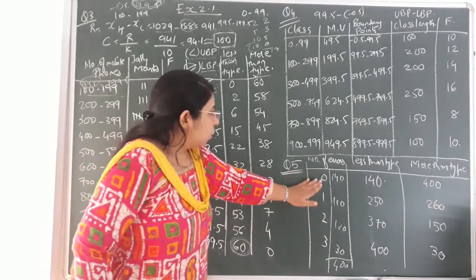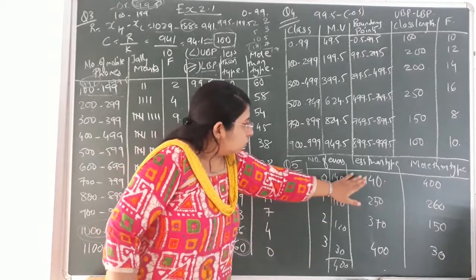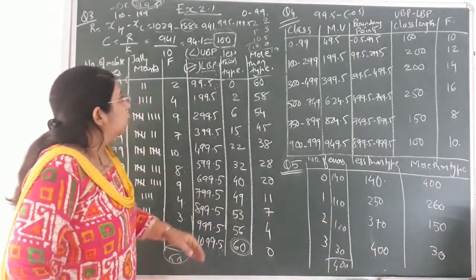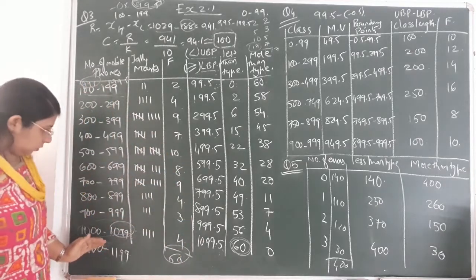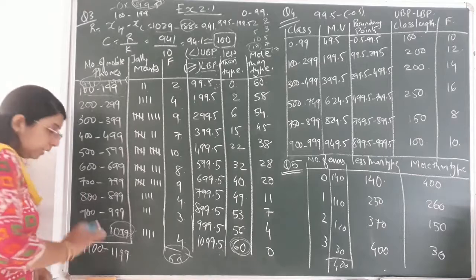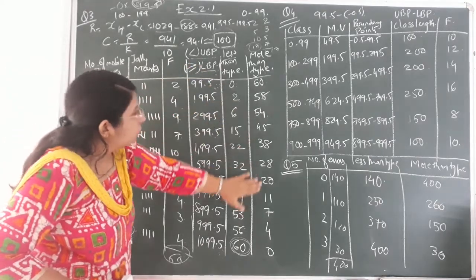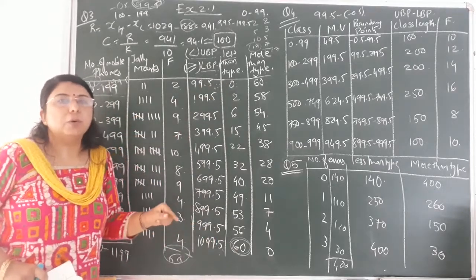Here there are 4 values of errors, so we get 4 less than type values. But in continuous frequency distribution there are 10 classes, and the number of less than type or more than type frequencies is 11, one more than the number of classes.